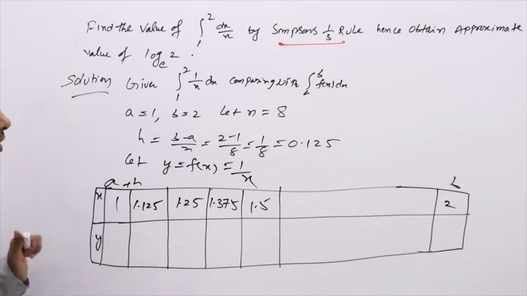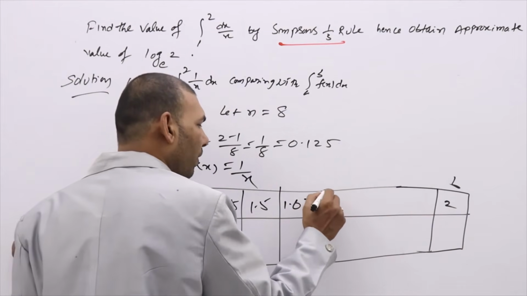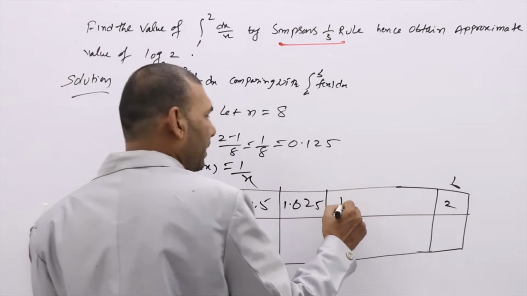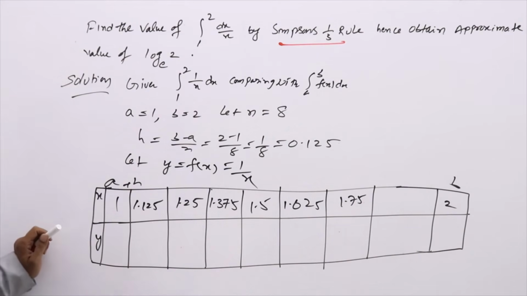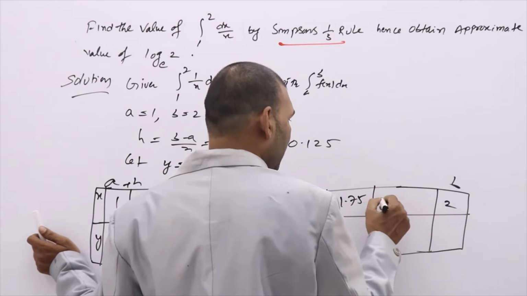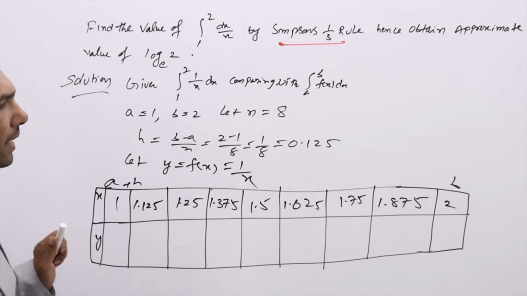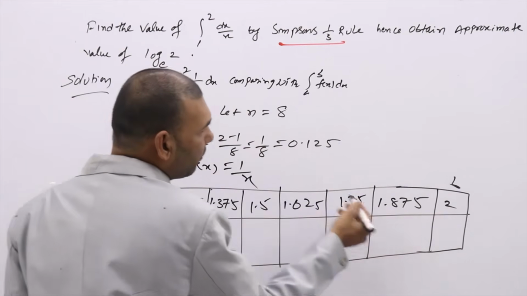Again add 0.125, you will get 1.625. Again add 0.125, you will get 1.75. Again add 0.125 to this, you will get 1.875. Again add 0.125 to this, you will get 2.